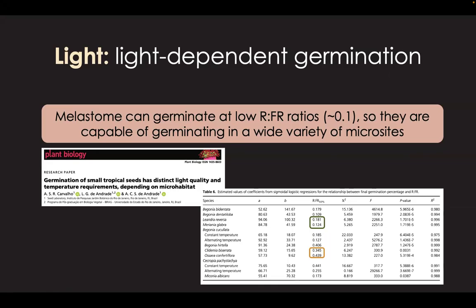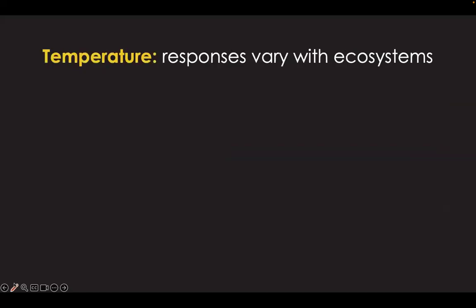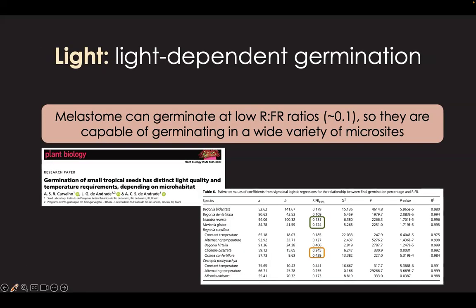But other species that are from the gaps, like Clidemia hirta and Miconia confertiflora, won't be able to germinate in the understory because they need more red light. These values in the yellow square show they do need more red light to germinate.